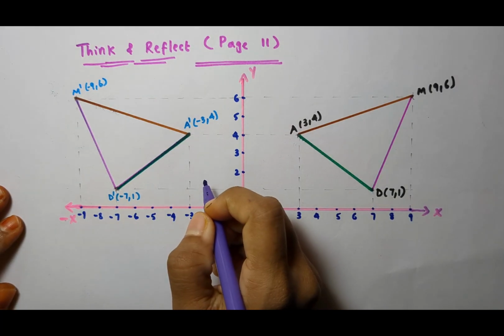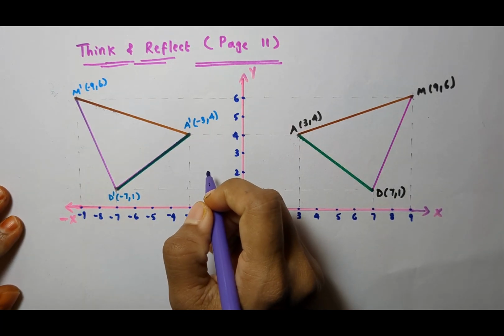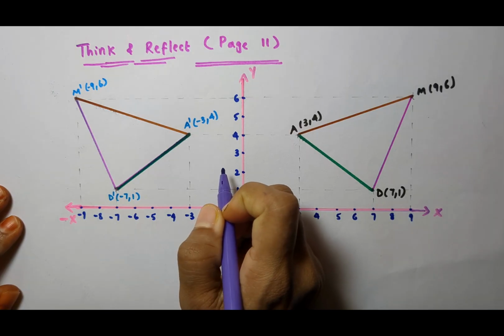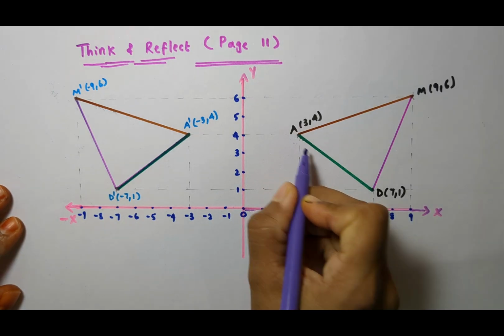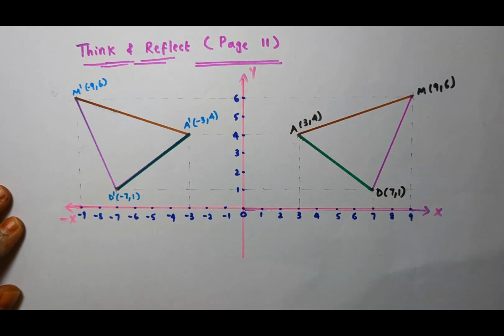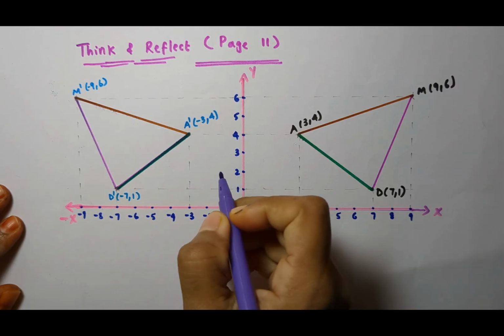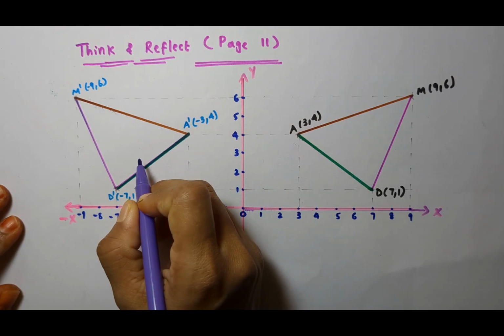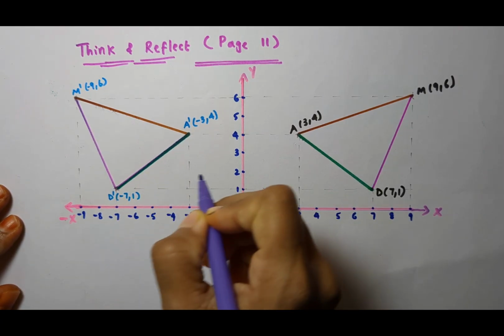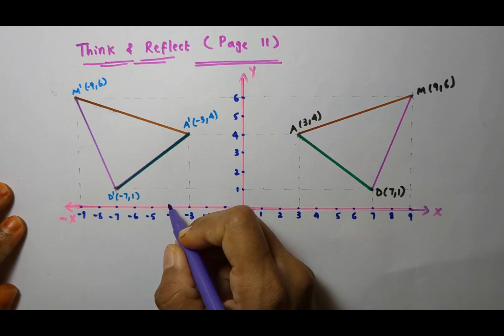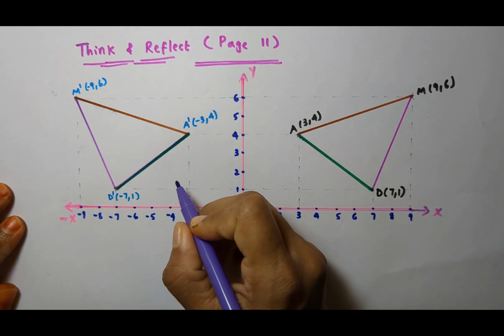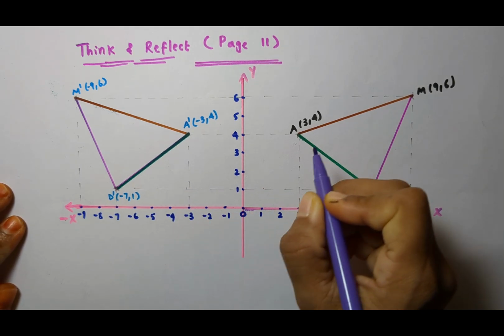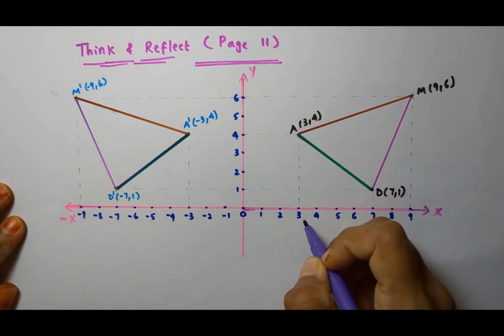Now, in your textbook, in figure 1.9, this triangle AMD is reflected in the y-axis. The figure is there in your textbook. And the question is, what are the coordinates of the images of points A, M and D?